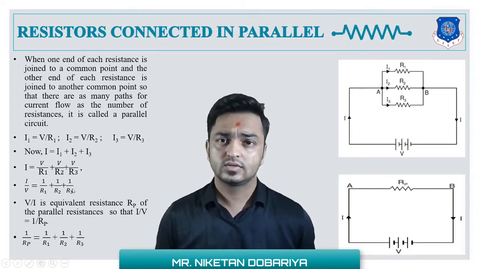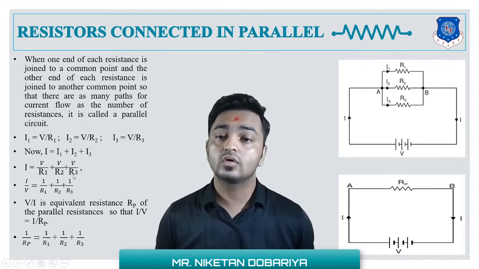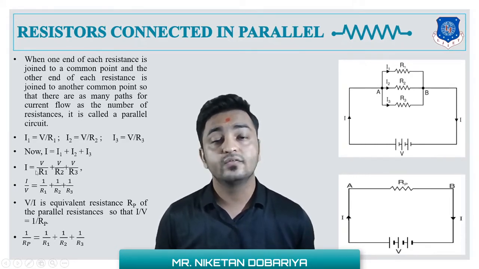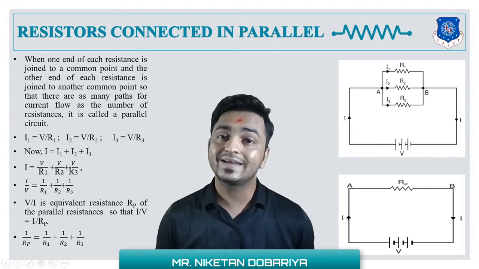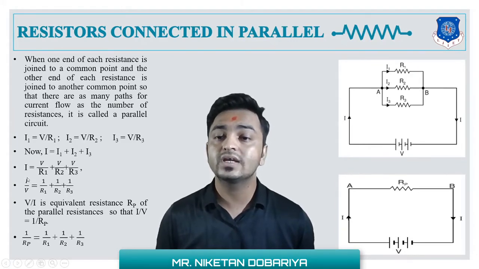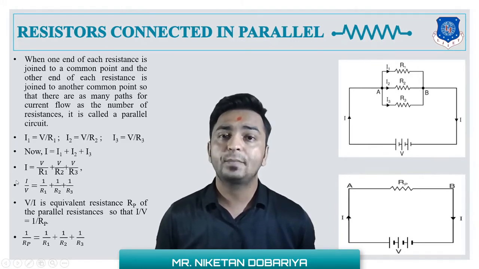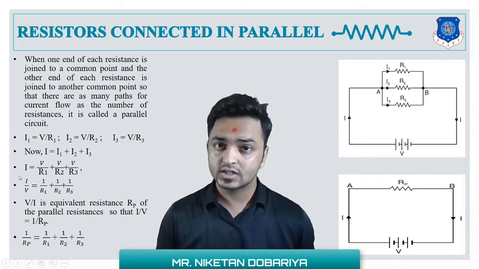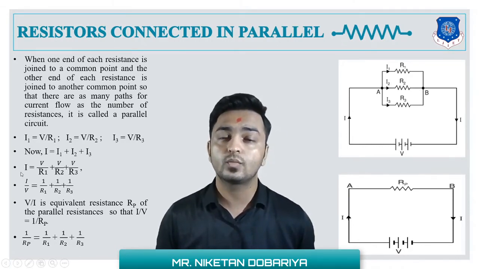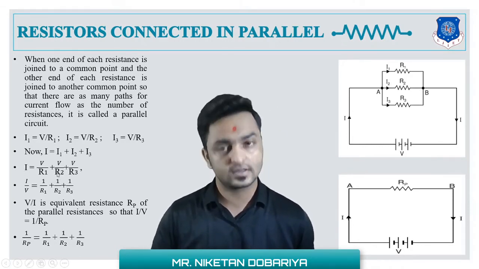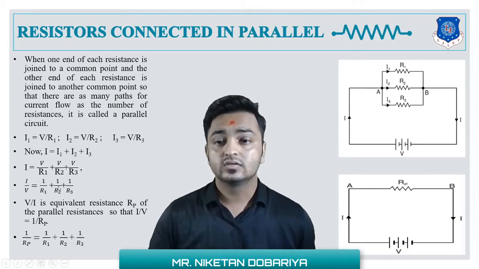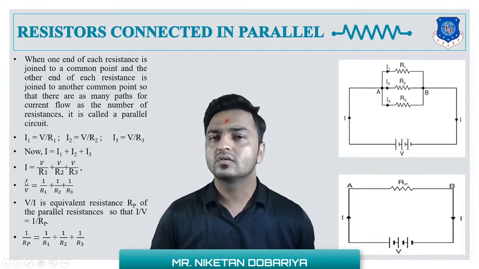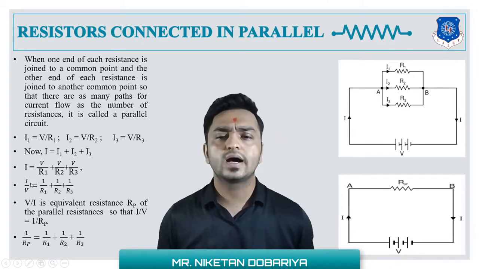Now, V is common here. If we take it common and divide, on the left-hand side we have I by V, and on the right-hand side that is 1 upon R1 plus 1 upon R2 plus 1 upon R3. And here I by V is nothing but 1 upon R equivalent.